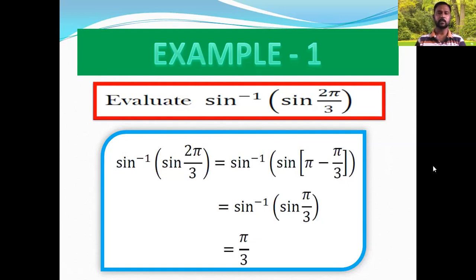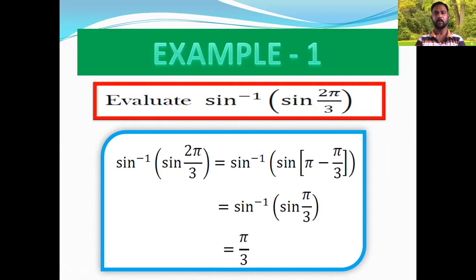See how the adjustments are made. Sin inverse of sin of 2 pi by 3 is equal to sin inverse of sin of the given angle, where 2 pi by 3 is split as pi minus pi by 3. See the next line, sin inverse of sin of pi minus pi by 3. That angle pi minus pi by 3 is an angle in the second quadrant, in which sin is positive. Therefore, sin of pi minus pi by 3 reduces to sin pi by 3.